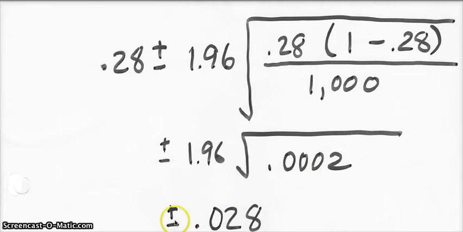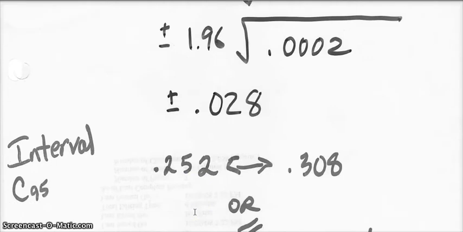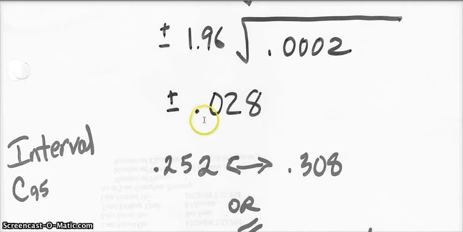That will give you plus or minus 0.028. So we are going to add and subtract 0.028 to and from 0.28, and you get a confidence interval of 0.252 to 0.308, or 25.2% to 30.8%, which is, again, how we all like to look at the percentages. But the margin of error is the 0.028.